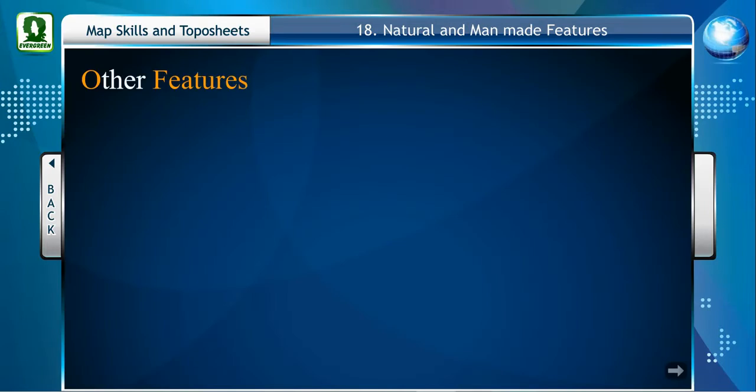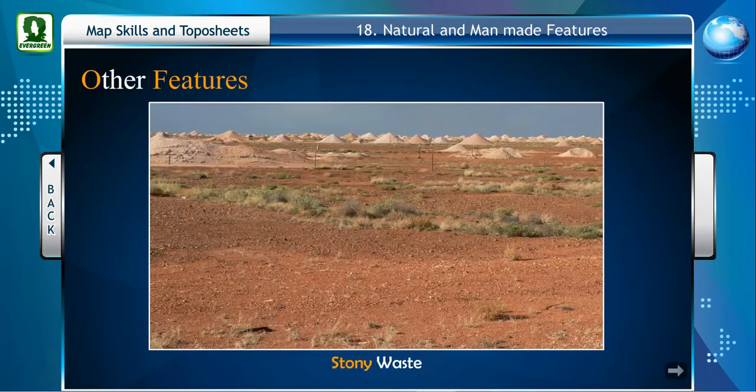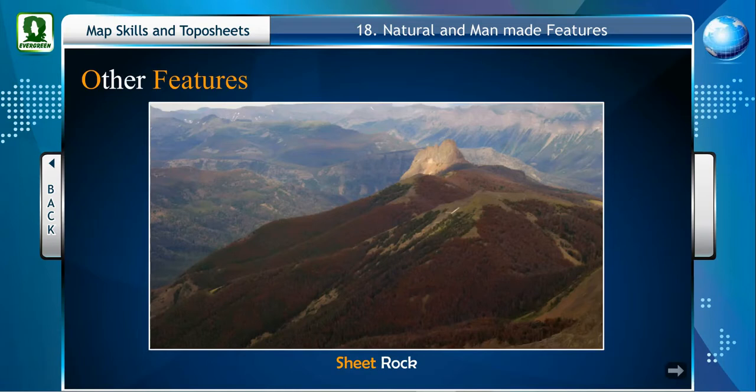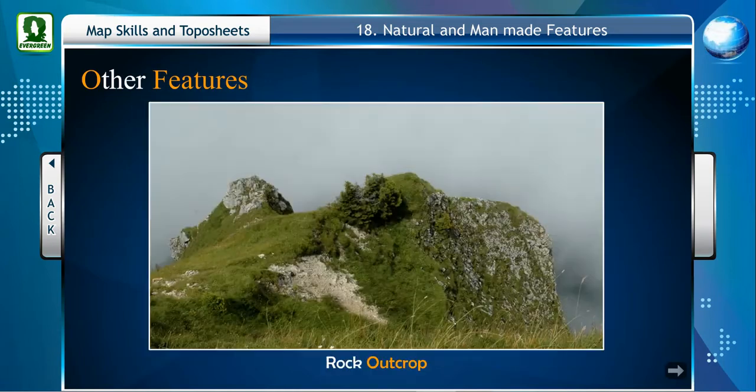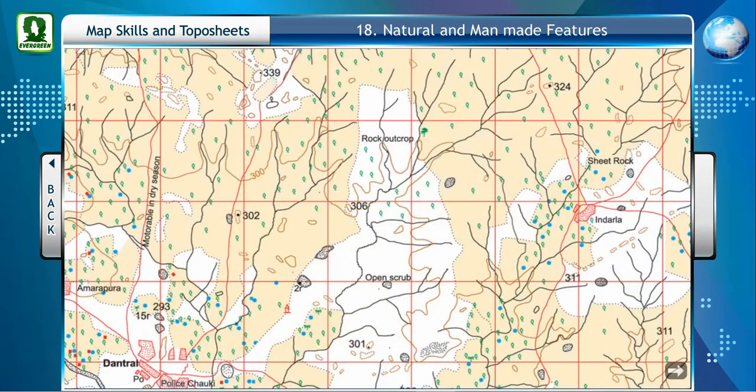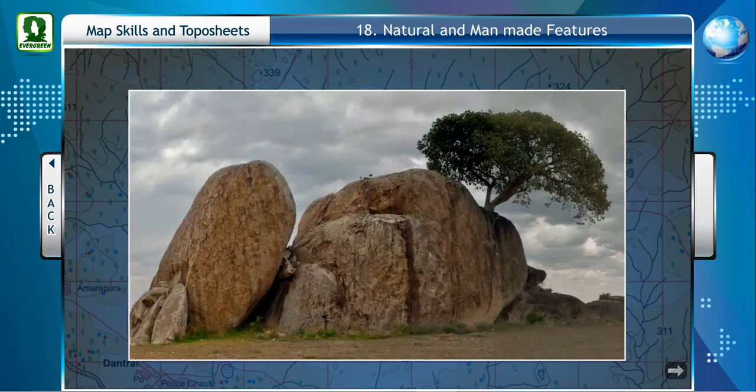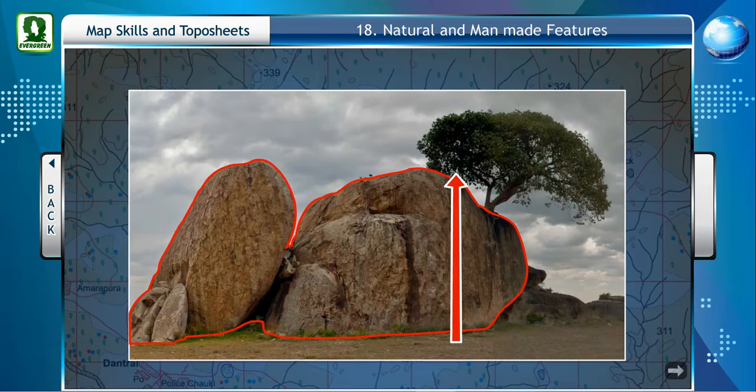Other features like stony waste, sheet rock, and rock outcrop are also shown on the topo sheet. Rock outcrop is a portion of a rock jutting above the surface of the earth.